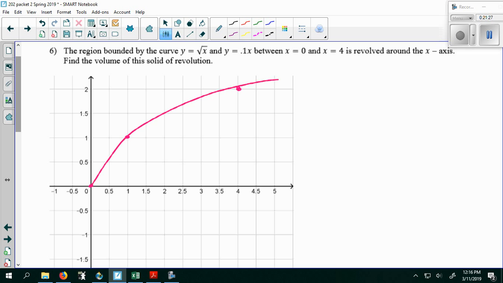Just connect those. y equals square root x. y equals 0.1x. Okay, so if I plug in a 5, well, 0, 0 is on there. And if I plug in 5, 0.1 of 5 is 0.5. So that's my next point. And I'll connect those with a straight line.